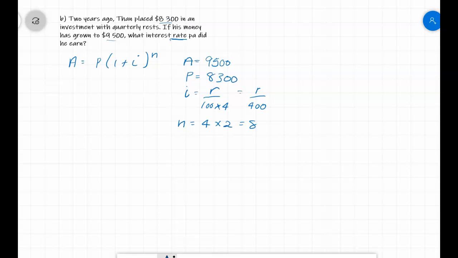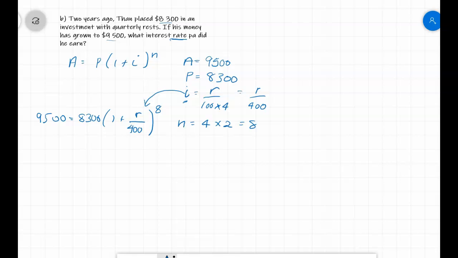Now, with all the things that I know, I'm going to put those back into the formula. So the A, 9,500 is equal to 8,300 times 1 plus R over 400, and all of it is taken to the power of 8.